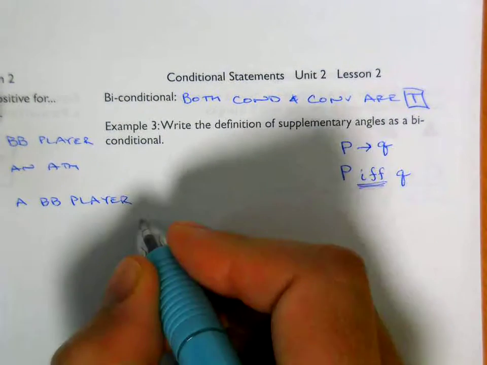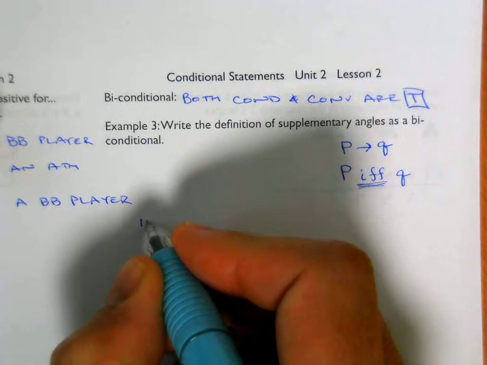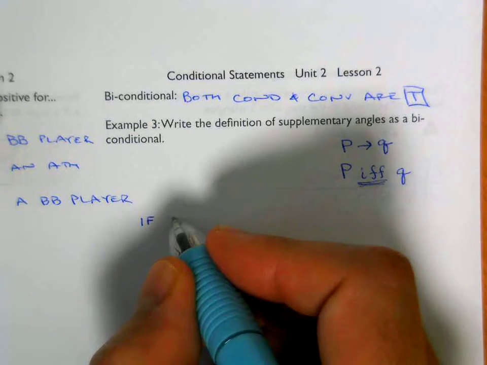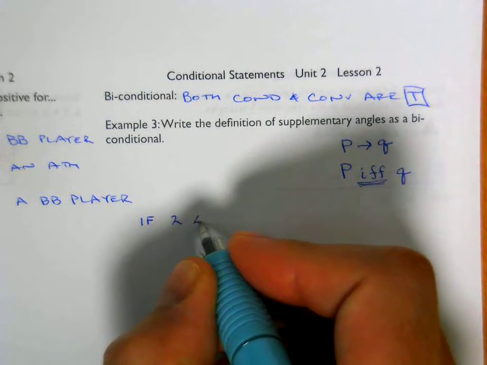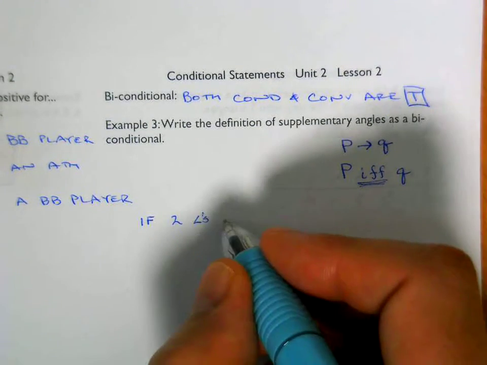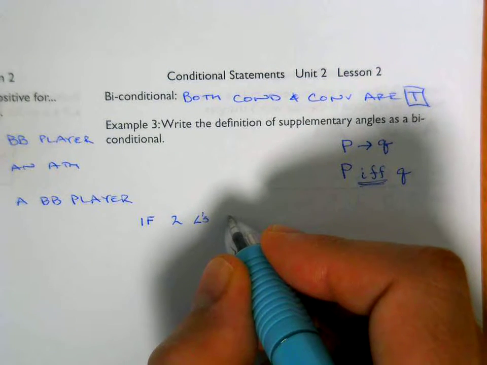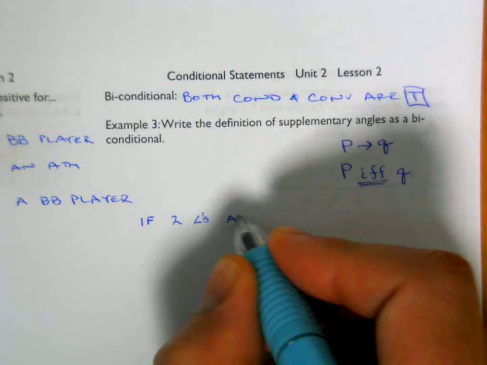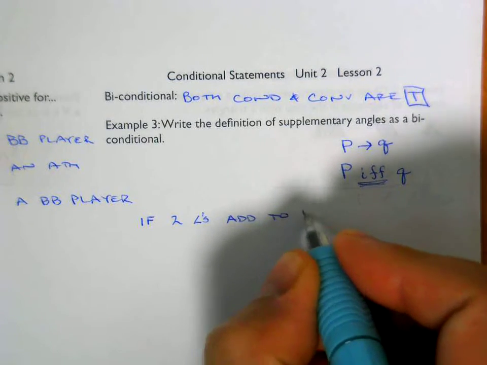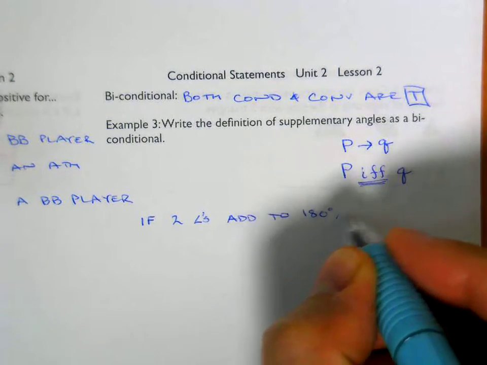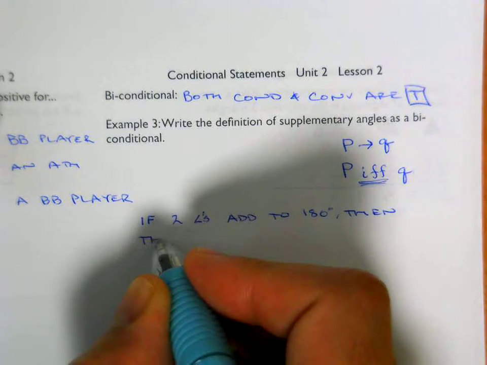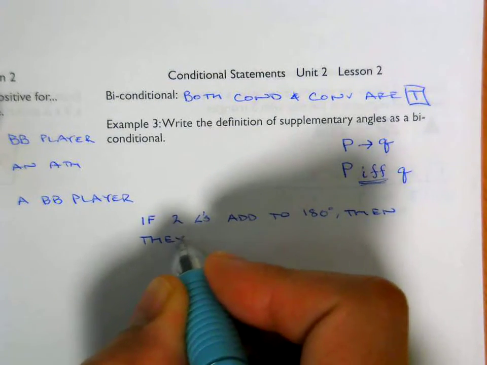So if we wanted to write it as a conditional, we could say if two angles add to 180 degrees, then they are supplementary.